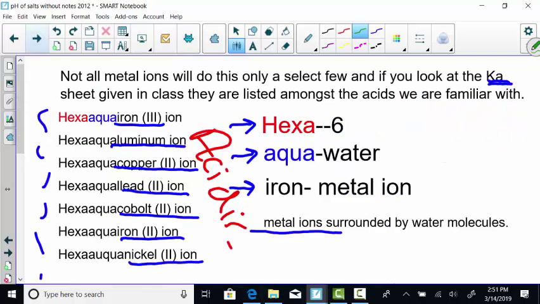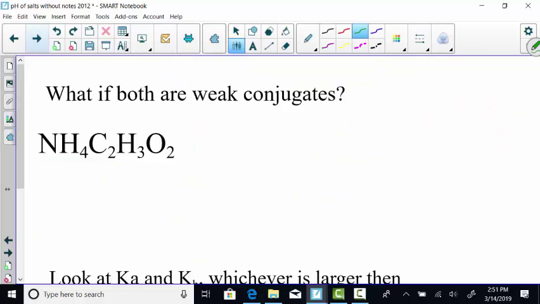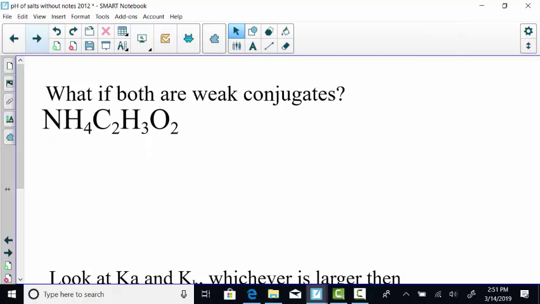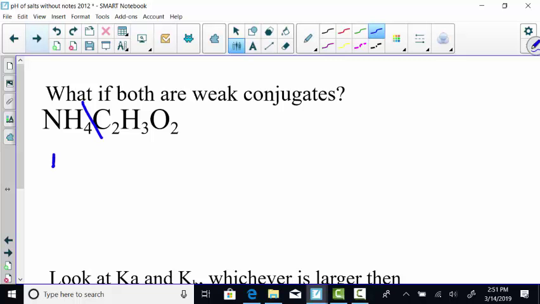All right, one last issue. What happens if both are conjugates of weak acids and weak bases? If this is the case, then you have to write two equations, because if I break this in part, I'm going to get NH4 plus, and that's a conjugate of a weak base, and I'm going to get C2H3O2 minus, and that's the conjugate of a weak acid.